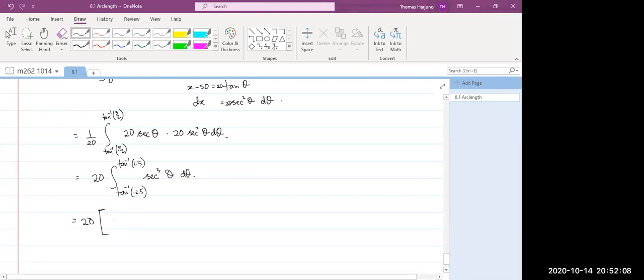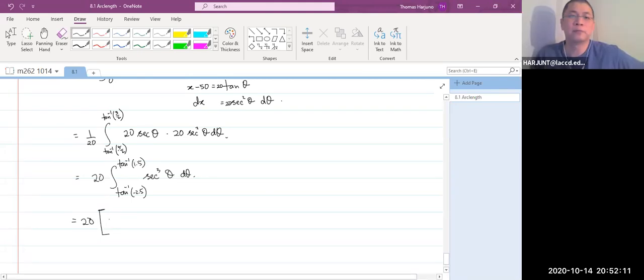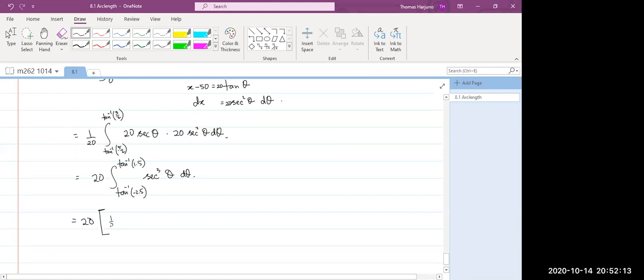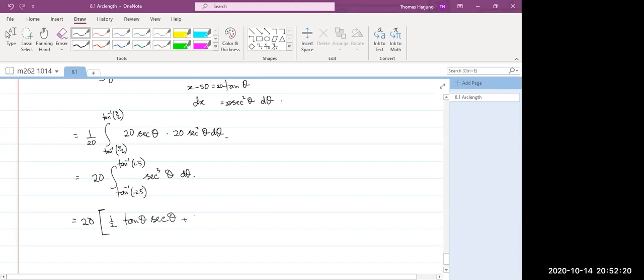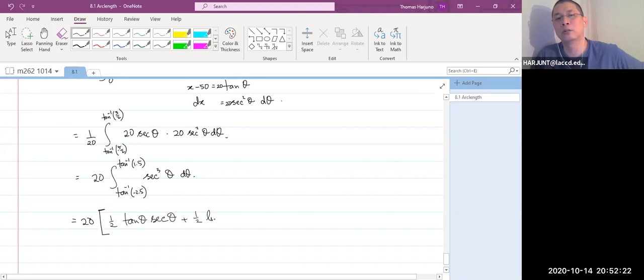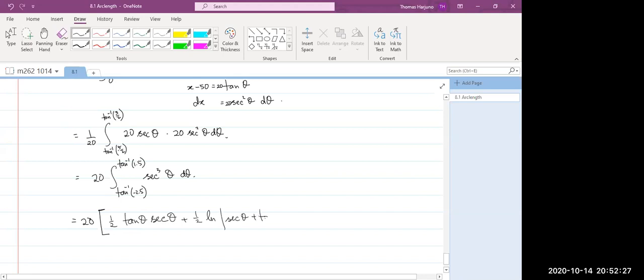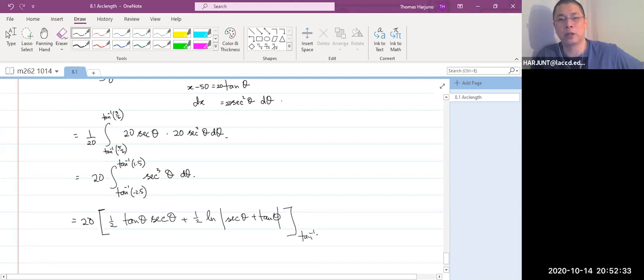Oh yeah, 1/2 tangent theta secant theta, plus 1/2 ln absolute value of secant theta plus tangent theta, from tangent inverse of negative 2.5 to tangent inverse of 1.5.